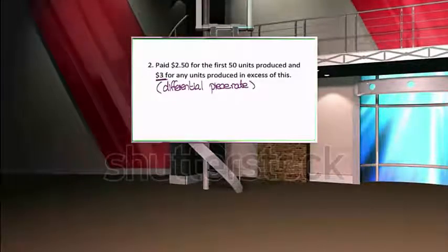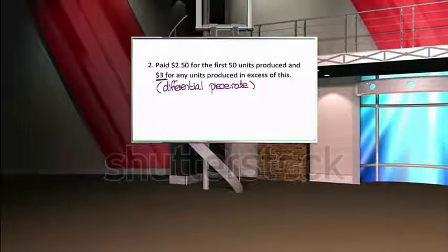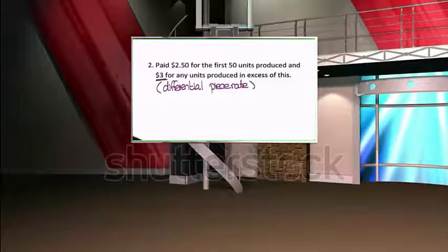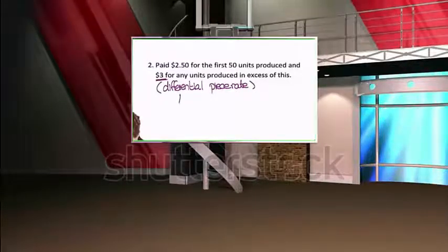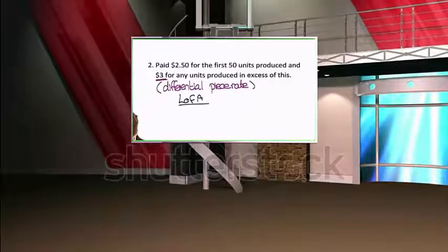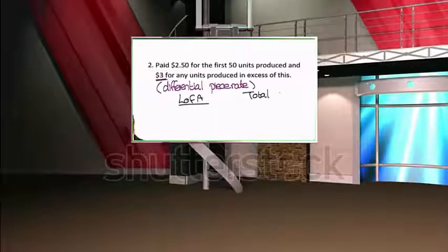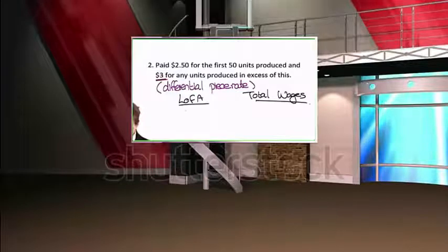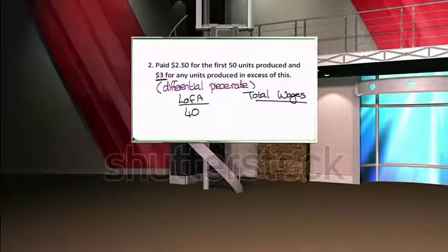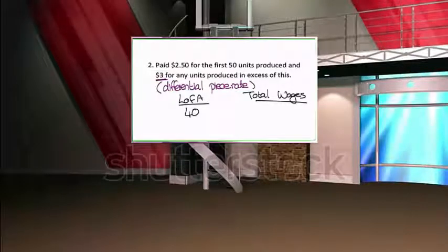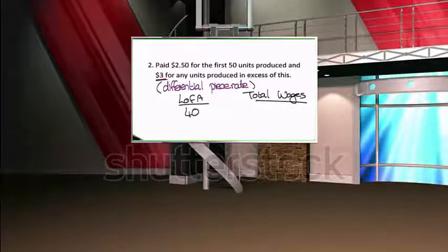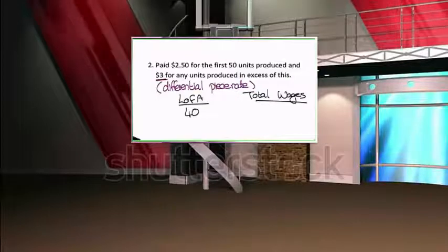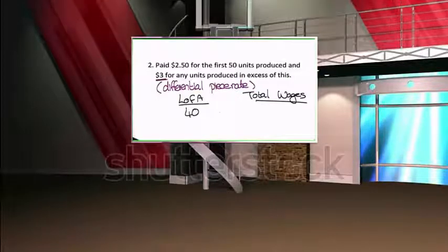So let's think about what their total wages will be at a number of different levels of activity. Well, if they produce 40 units, and they haven't gone above the threshold where the higher rate applies, they're just going to get $2.50 for each of those 40 units.